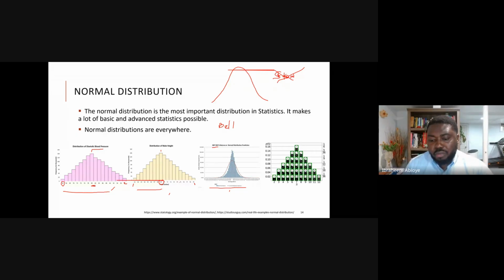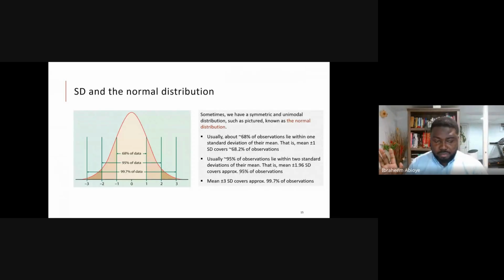It's not broad-based like this one, but it's still a normal distribution. The mean and the median are the same, and the values are symmetric. The distribution is symmetric. There is no skew. Okay, all right, that's a normal distribution, and this is what the normal distribution looks like. And this normal distribution is symmetric. Remember I said that.